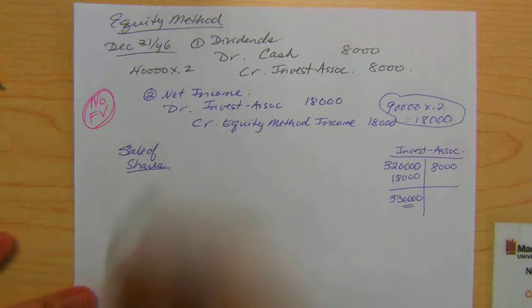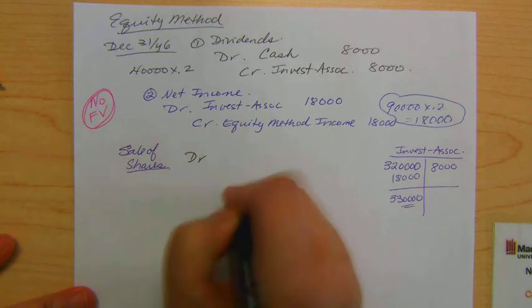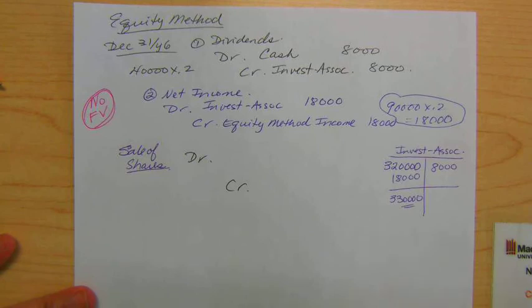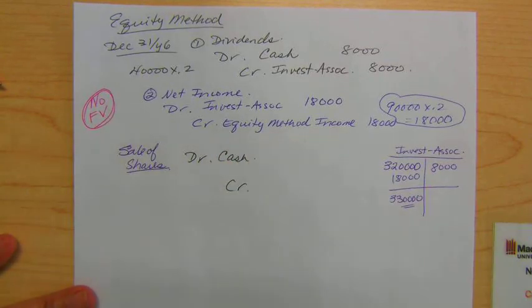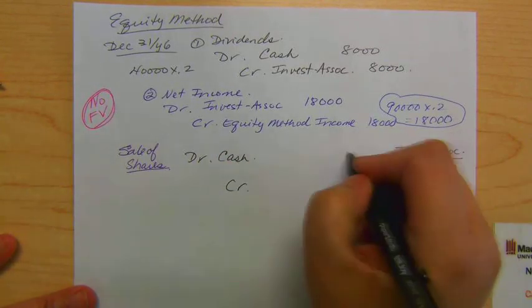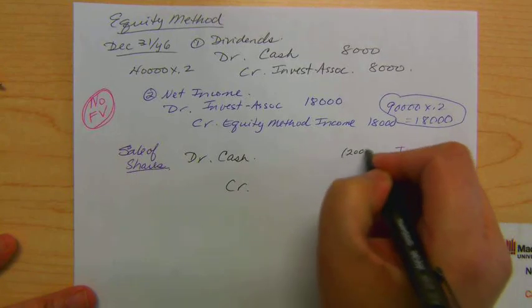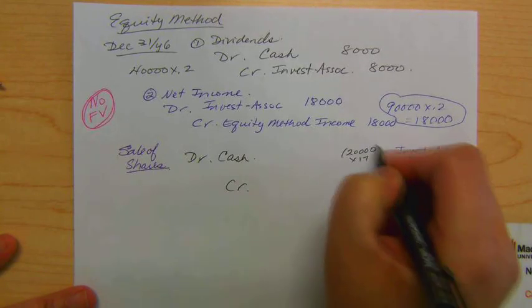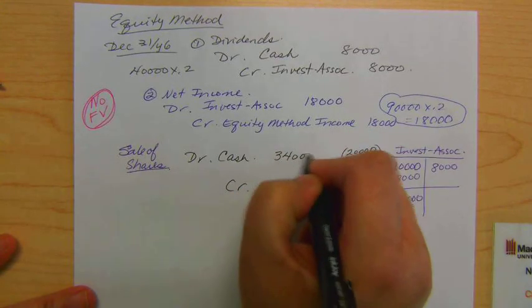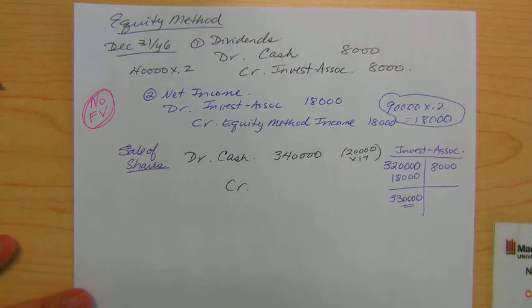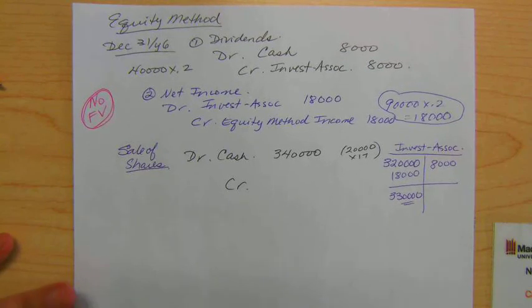Okay, so let's try piecing it together. Room for debits, room for credits. Cash, right? So cash, 20,000 times 17, which is 340,000. What's leaving?